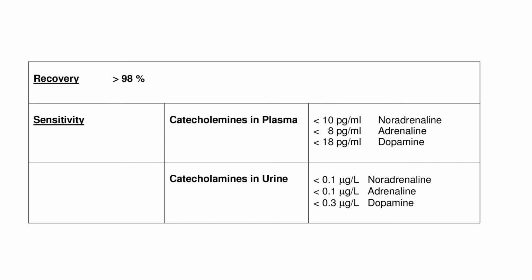Catecholamines in urine, less than 0.1 micrograms per liter noradrenaline, less than 0.1 micrograms per liter adrenaline, less than 0.3 micrograms per liter dopamine.